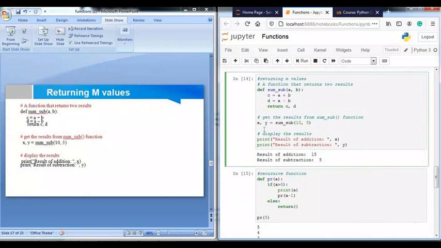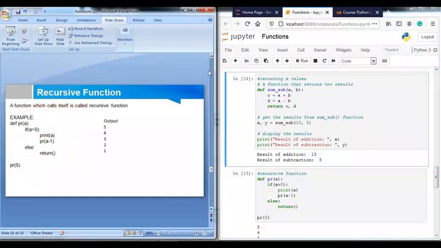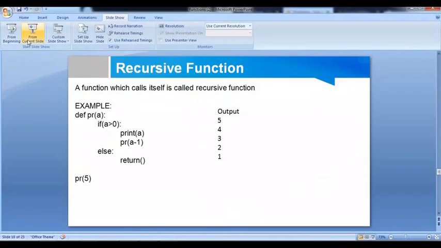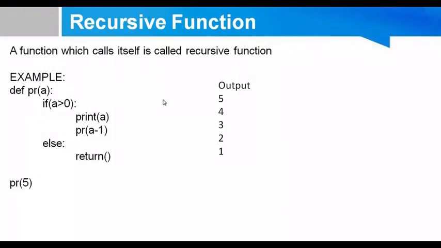I'll make an example where the name of the function is pr and a variable a is passed here. I simply check a condition. If the number that is passed here is greater than 0, then you have to print a. Then again pr a minus 1. That means here is recursion going on. See here I am passing 5.